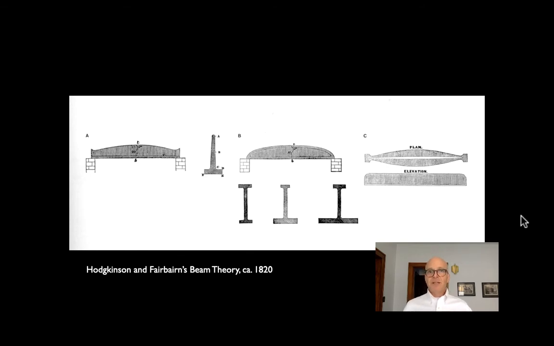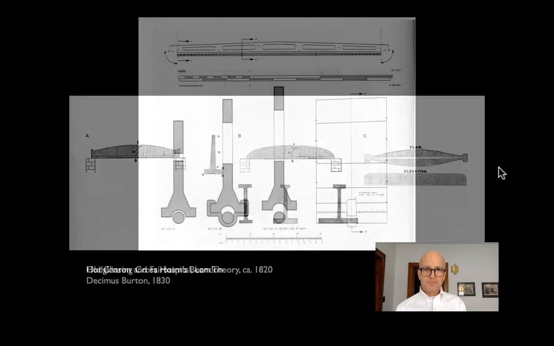Can't be infinitely thin because it has to take the shear, the load of the beam, and resisting its tendency to shear off at the supports. But you can see that A and B in particular have got this kind of fish belly shape, putting the greatest depth of the beam where you have the maximum moment.